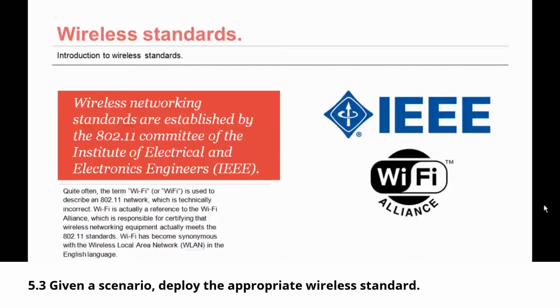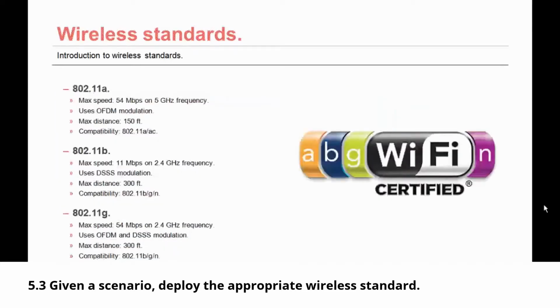Wi-Fi has become synonymous with the wireless local area network in the English language, so don't be surprised if you find yourself using the term Wi-Fi when you really mean 802.11.